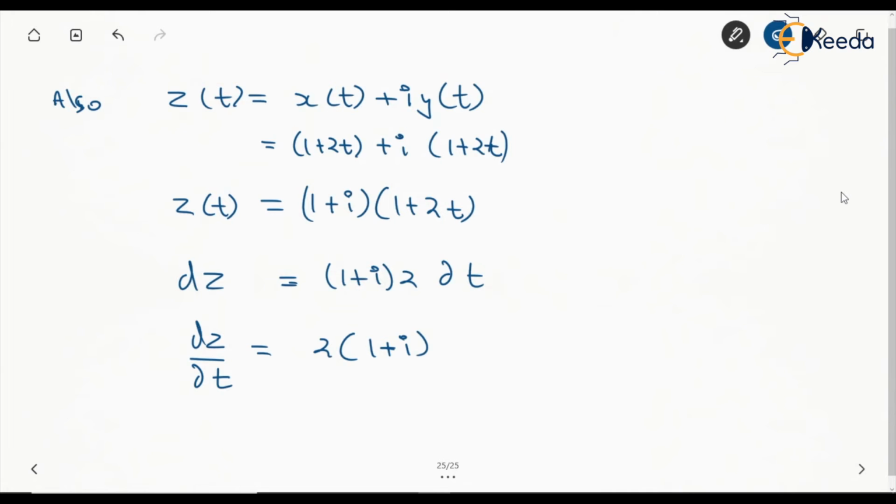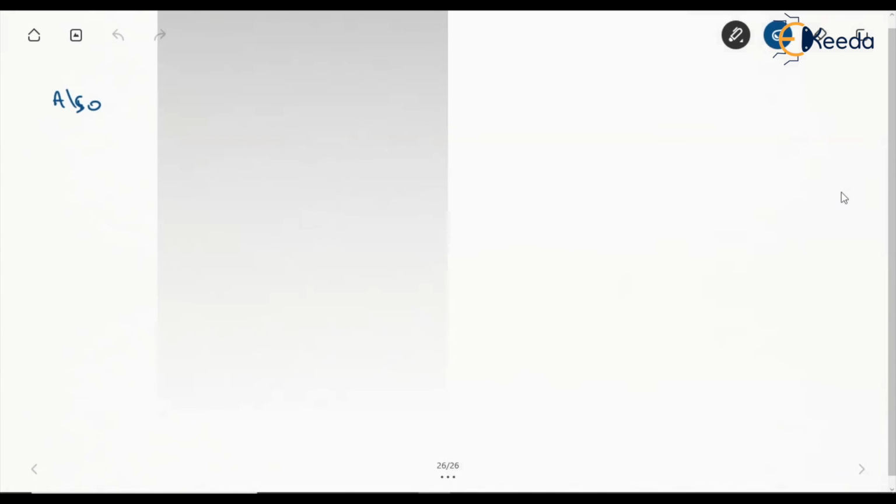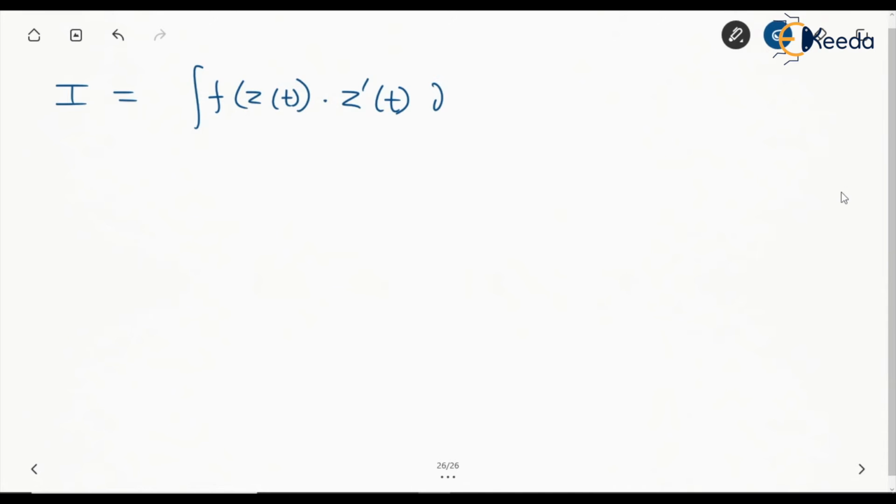Now this integration for the parameterization can be given as function of z, which is function of t, into z dash t dt, for the limits of t, which we have already discussed, is going to be 0 to 1. So what is function of z? It is x.